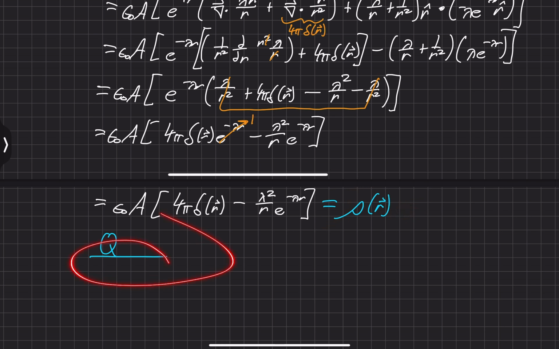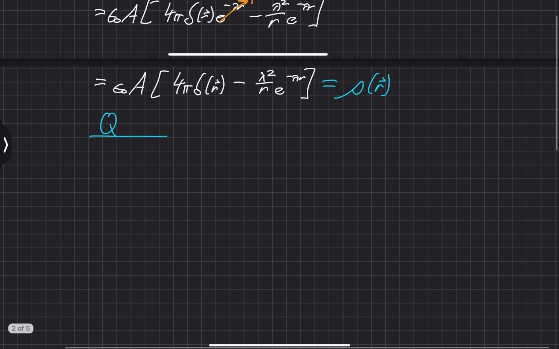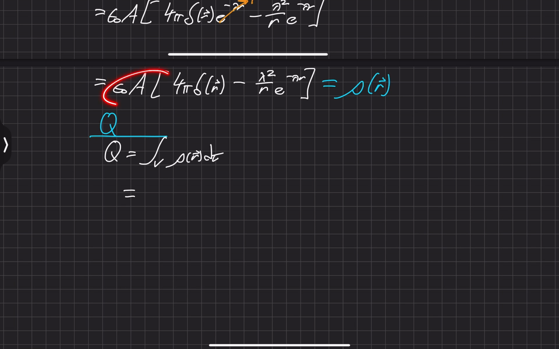I'll go ahead and start writing it down here and scroll up a little bit. So in the most general form, the charge is equal to that volume integral of the density times some differential volume that we're integrating over. So we can go ahead and make our substitution for the density that we found.